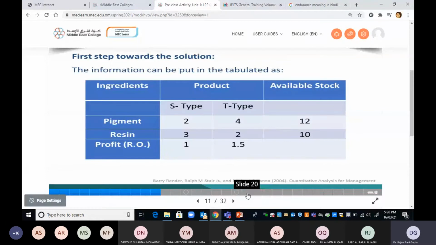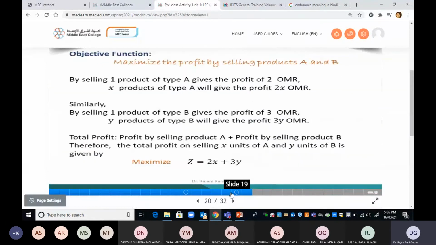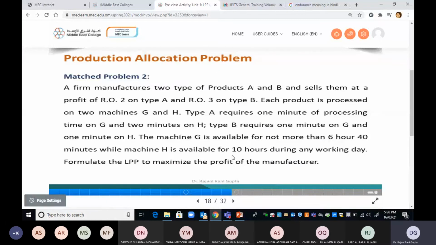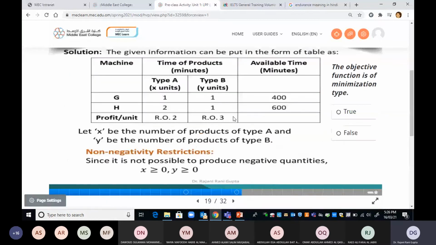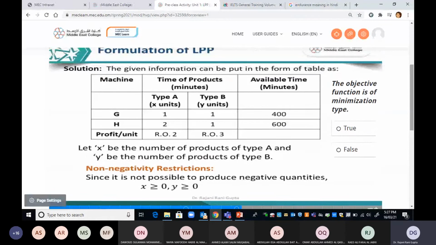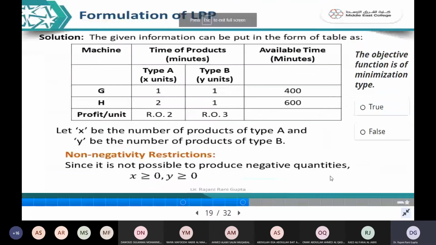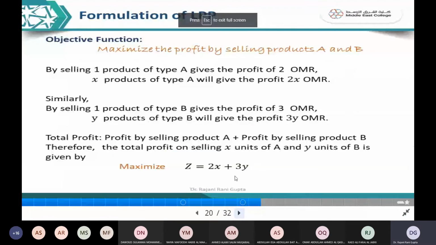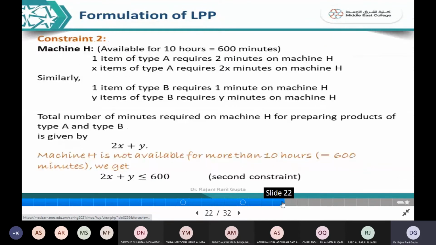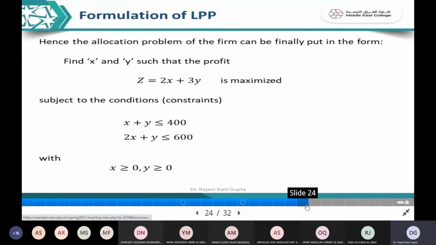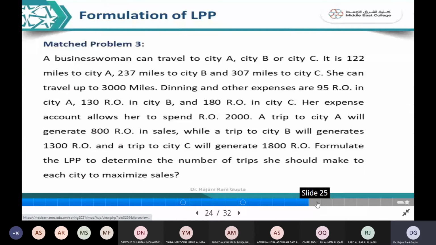I have given the detailed explanation also, like for this particular question, I first kept the things in the form of a table, as you can see from here, and then I write here in detail what I was speaking now, that one product of type needs 2, then x products will become 2x. So this theoretical part is also there. You will find videos for each and every topic there. I have kept all the videos there.